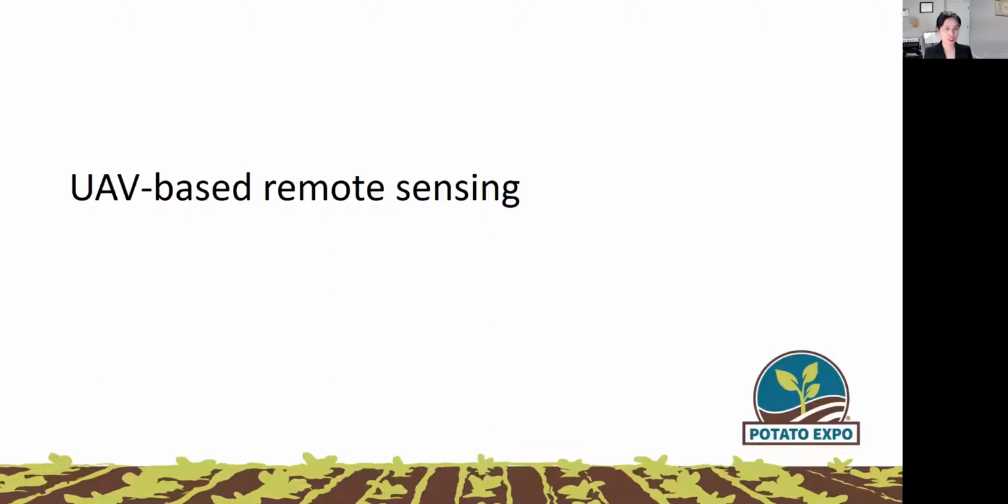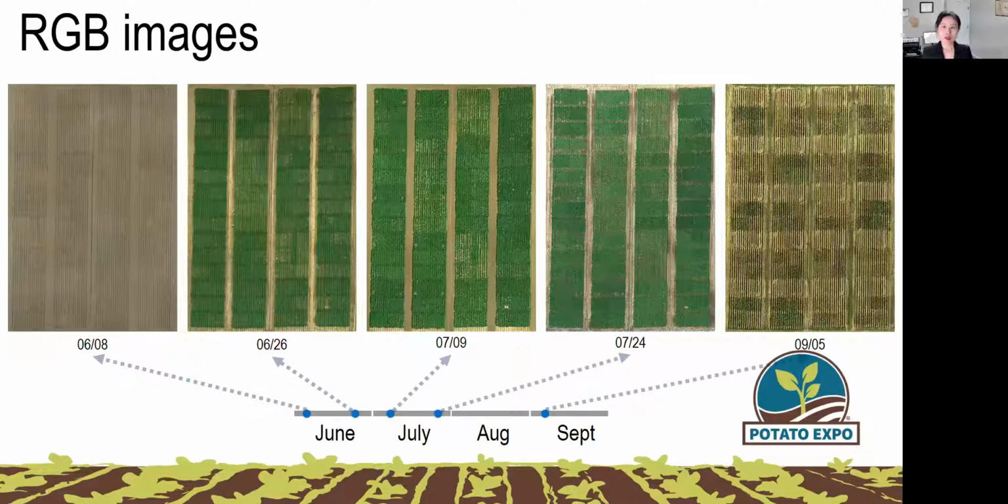The first project I want to talk about is a UAV-based hyperspectral remote sensing project. These are some RGB images we took from research plots with different potato cultivars and different nitrogen treatments, from tuber initiation until harvest, where the potatoes are grown in central Wisconsin.